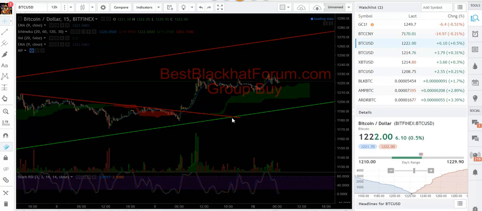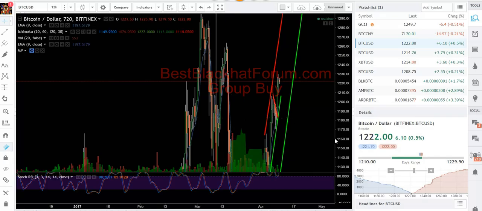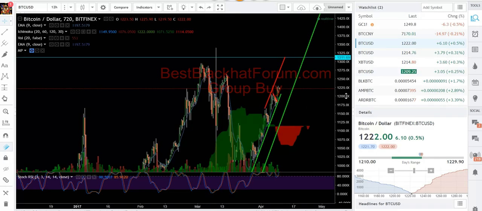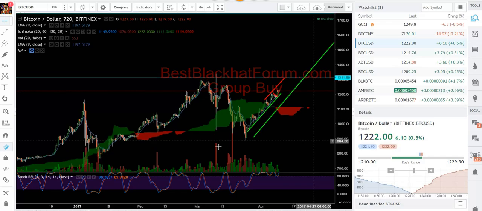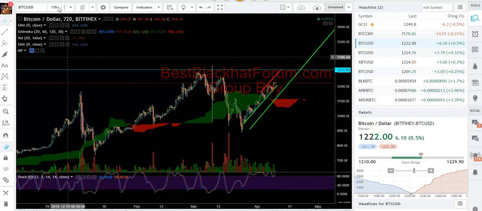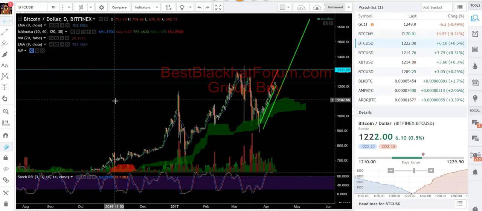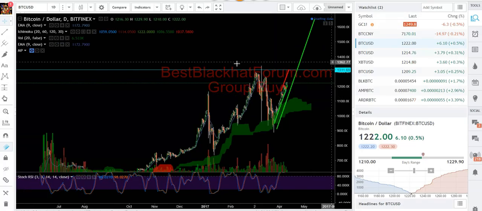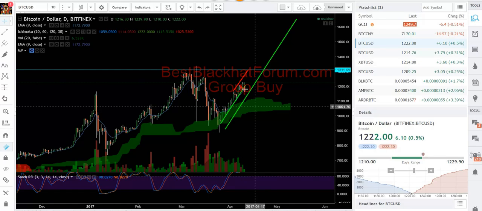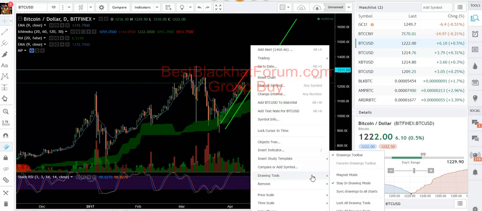I'm going to show you here. I'm sorry, I wanted the daily. All right. Now, in its simplest form, just with a glance, the Ichimoku Cloud will tell us the trend.